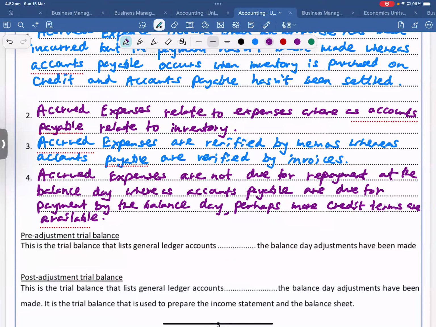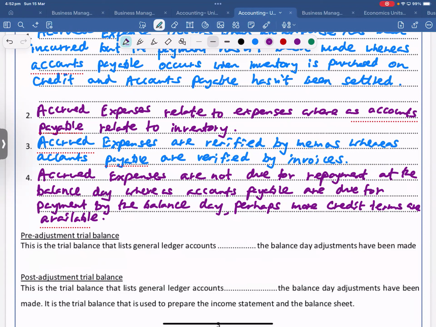That is the pre-adjustment trial balance. But post-adjustment trial balance, what is it? The trial balance we prepare having done the adjustments, right? Having done the adjustments, we prepare the trial balance, and that is what we call post-adjustment.